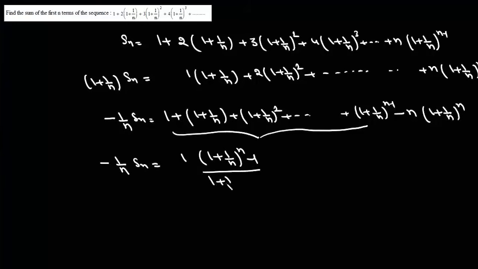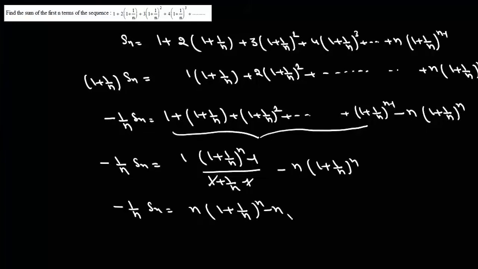So it will be 1 plus 1 by n minus 1, and minus n into 1 plus 1 by n whole to the power n. Now this 1 and 1 will cancel. So we'll get minus 1 by n Sn equals n into 1 plus 1 by n whole to the power n minus n, and then minus n into 1 plus 1 by n whole to the power n. Now it will cancel.